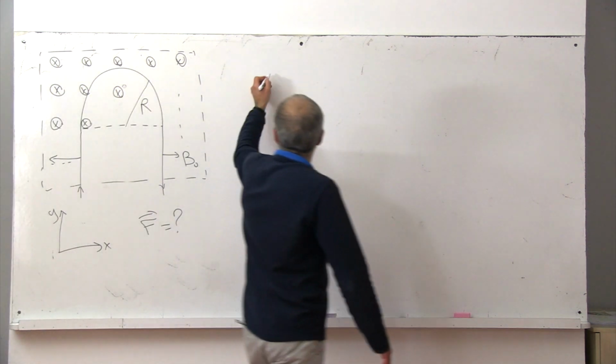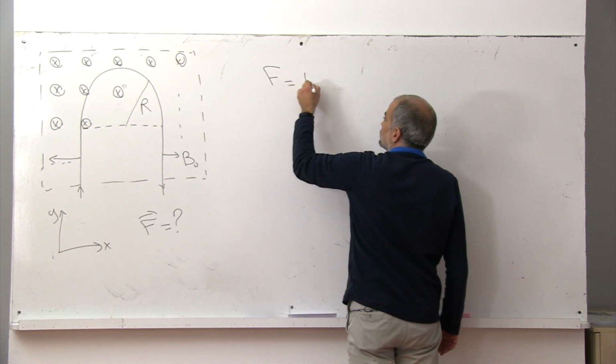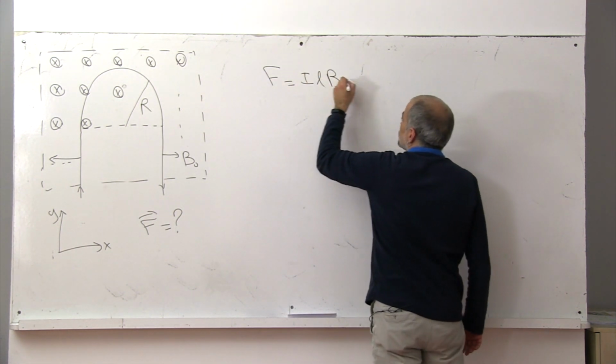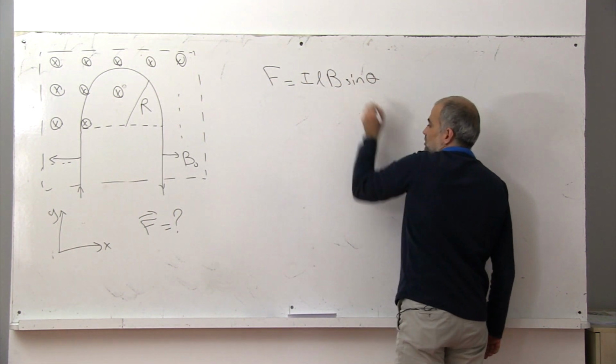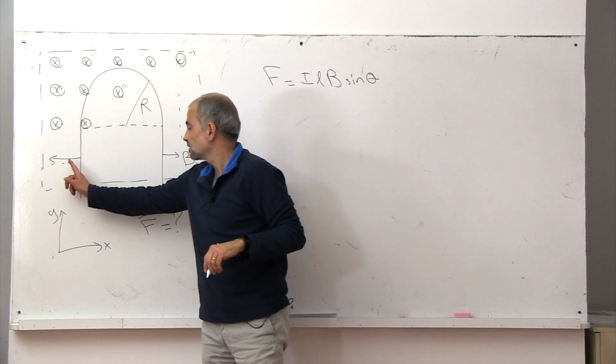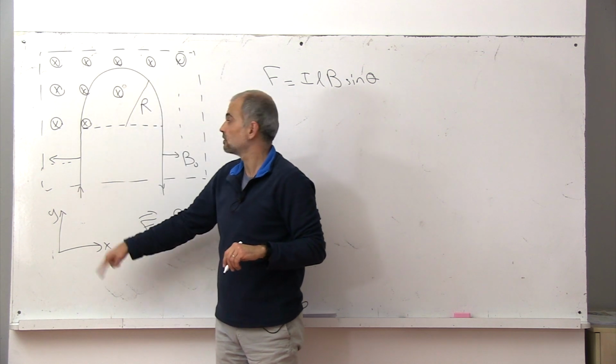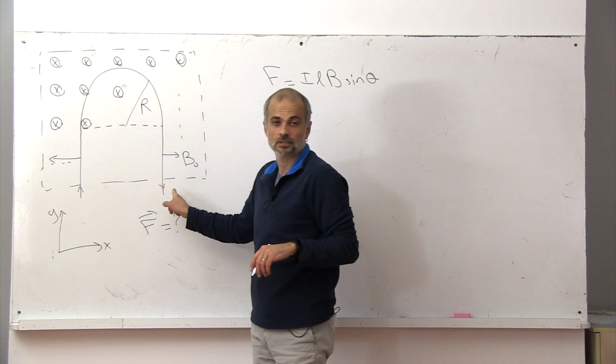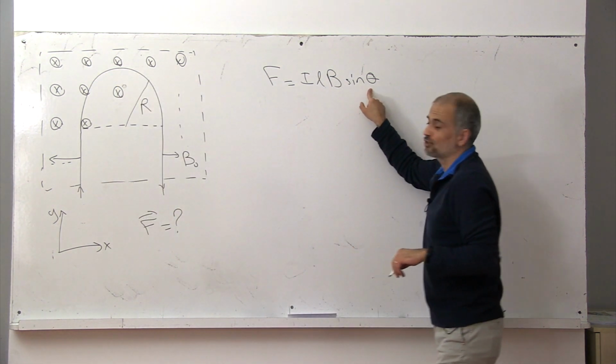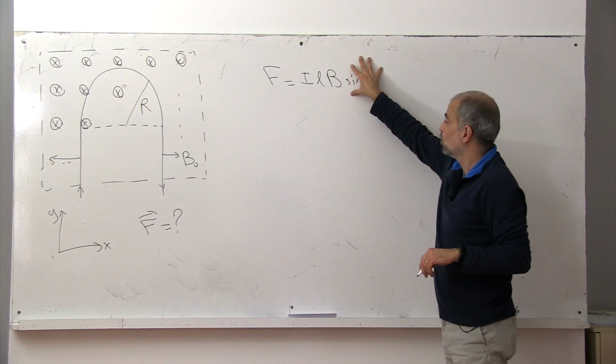Furthermore, we know that the magnitude of the force is given by ILB times sine theta. In both of these cases, here and here, the I is either going up or going down. B is always into the board. So this theta is always 90 degrees, sine theta is 1.